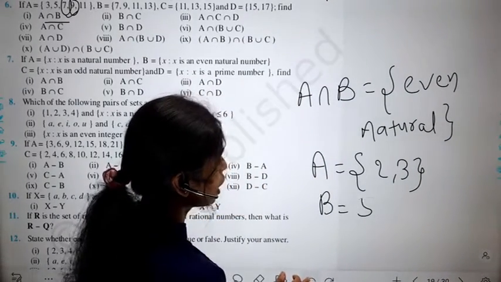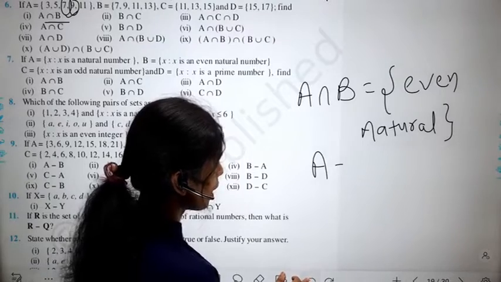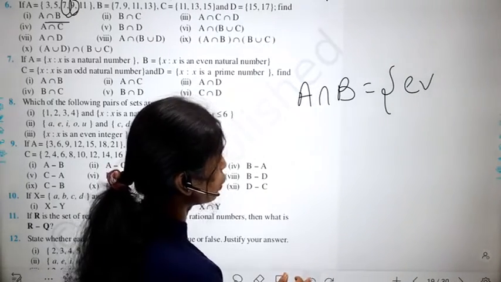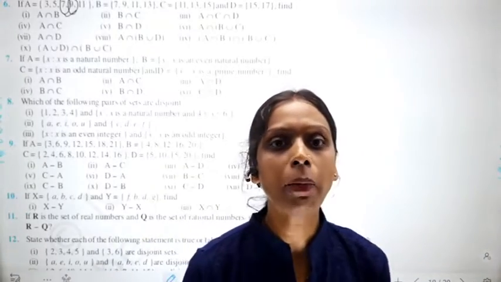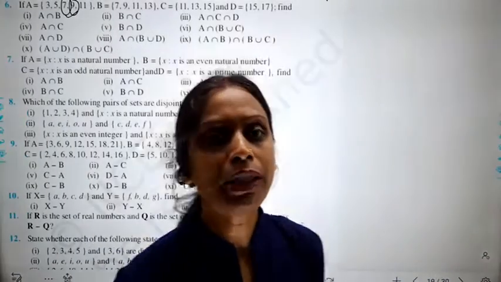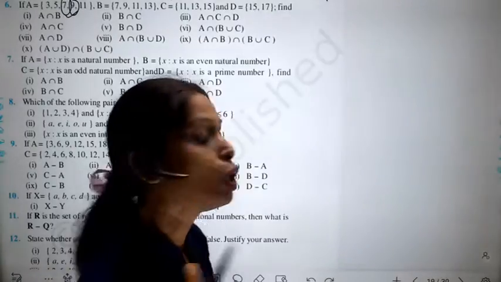So what is a disjoint set? When we consider two sets and there is no common element between those two sets, it is called a disjoint set.